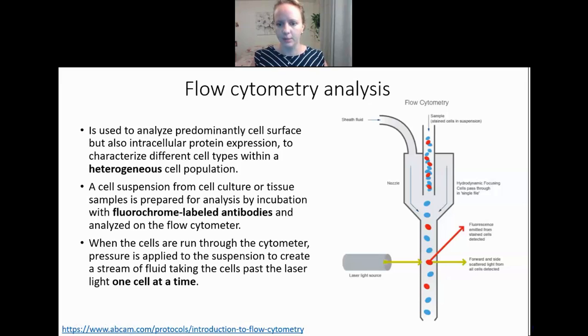So there's a laser light source detecting your fluorochrome labeled antibodies, but the cells must pass the laser one cell at a time. So it's a really high throughput way to analyze a huge heterogeneous population of cells, but it's only as good as your antibodies.